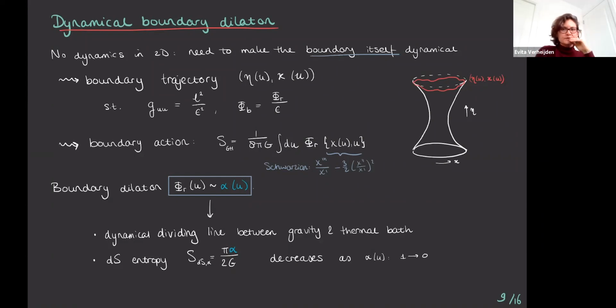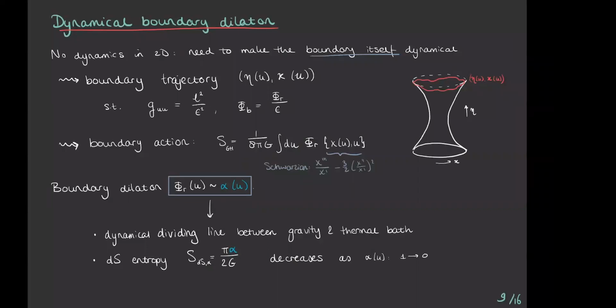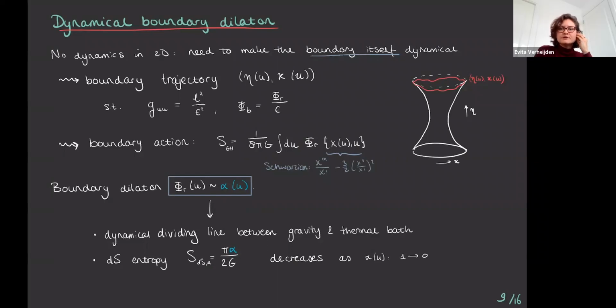Right, so this entropy should decrease. So alpha going to 0 means in terms of u that basically nothing is cut off. Is that right? Yeah, exactly. Alpha equals 0 means that there's no ds2 part, so we only have our bath region.